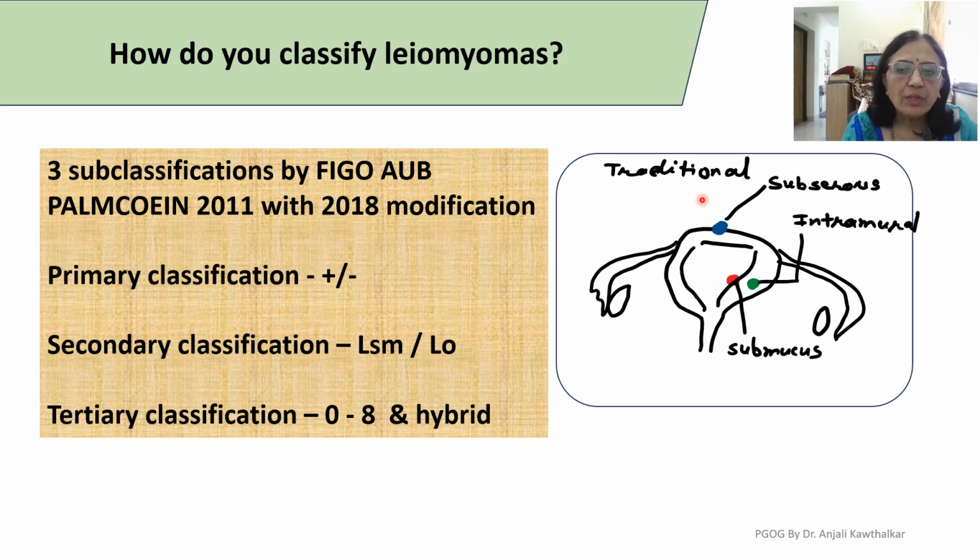Traditionally, leiomyomas were divided simply as submucous, intramural, subserous, cervical if present in the cervix, or the rest as extrauterine.